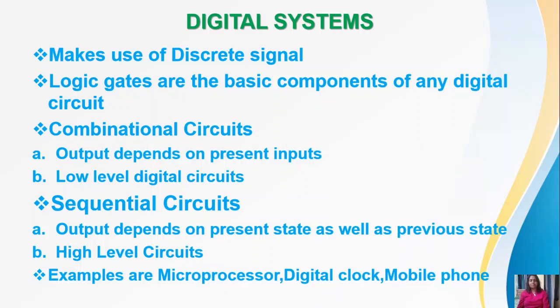Shift registers are used in the processors to store the data which is internal to the processor. Counters are used to measure the time and the frequency in the processor. Examples of digital systems are microprocessor, digital clock, mobile phones, microcontrollers.